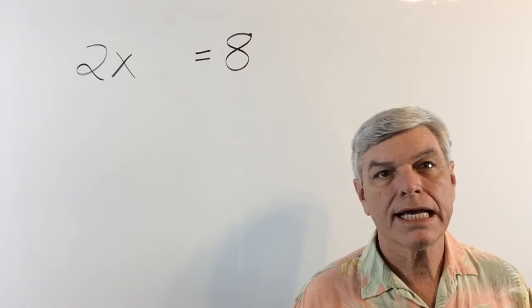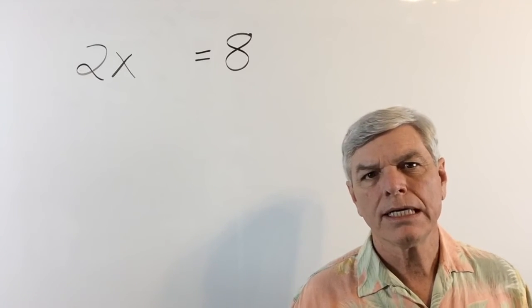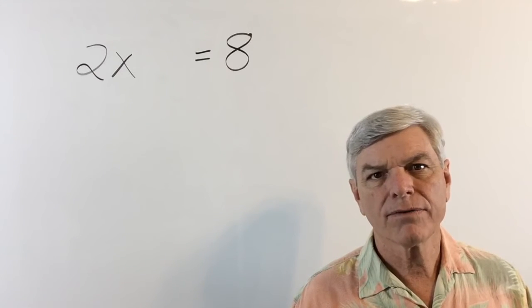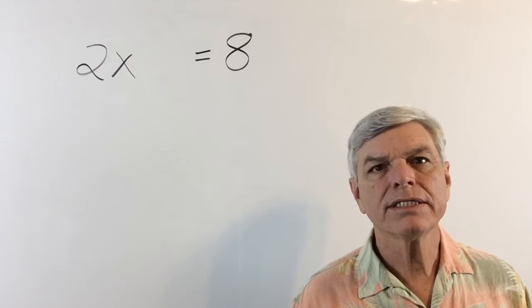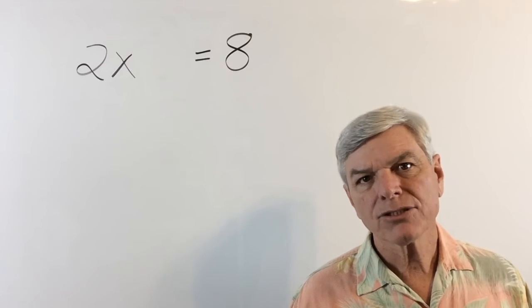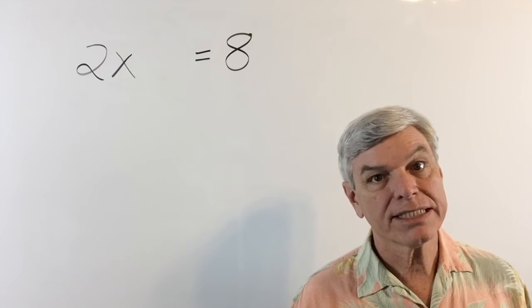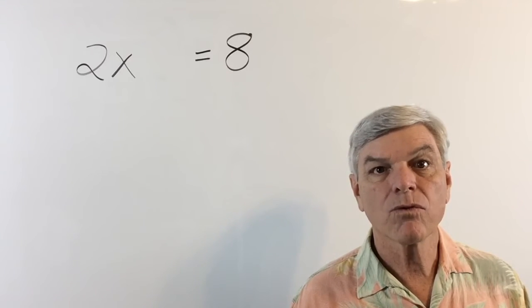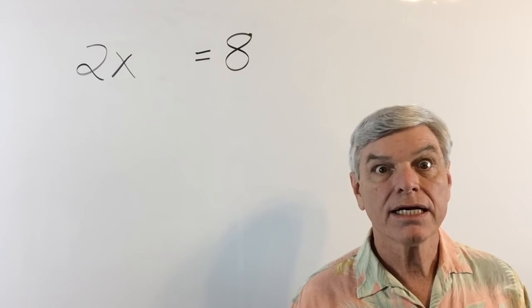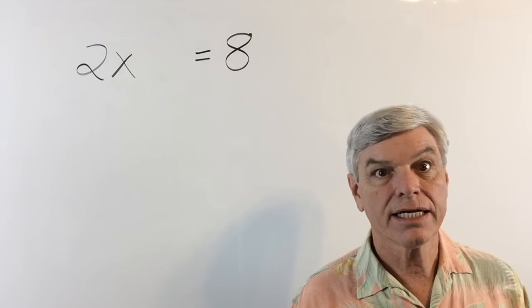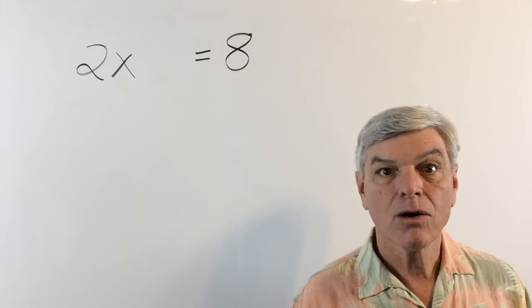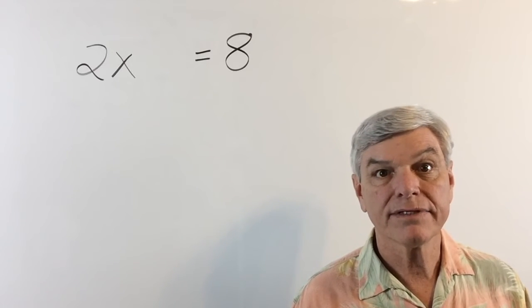And I'm going to take this time to go over something that I have not gone over before, but it's very important. In a lot of algebra books and a lot of algebra teachers will tell you that if you take a number or a variable and move it from one side of the equal sign to the other side of the equal sign, a positive will become a negative, or a negative will become a positive.